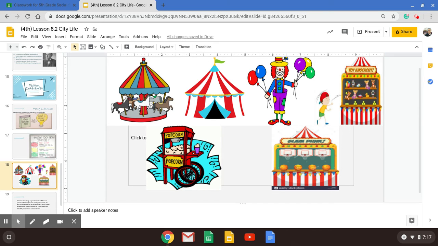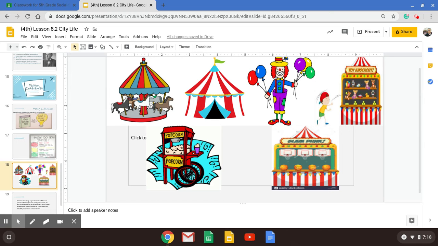Okay, so you pull up to school to be dropped off. As you pull into the parking lot, you see amusement park rides being set up, you see tents being built, you see people as clowns, you see different games that you can play, you see popcorn machines. What do you think's happening today?